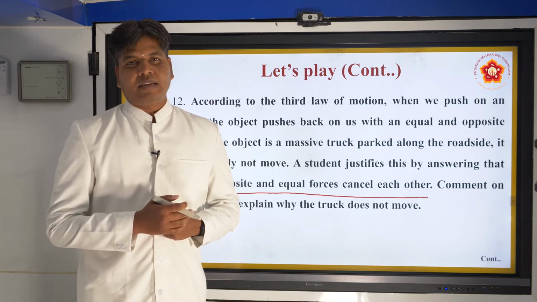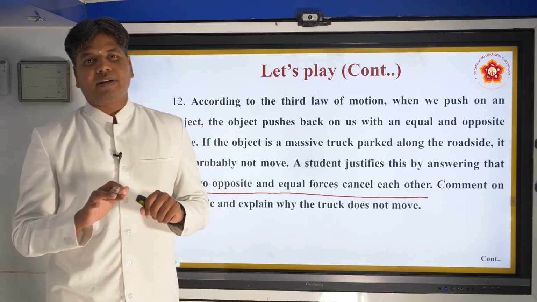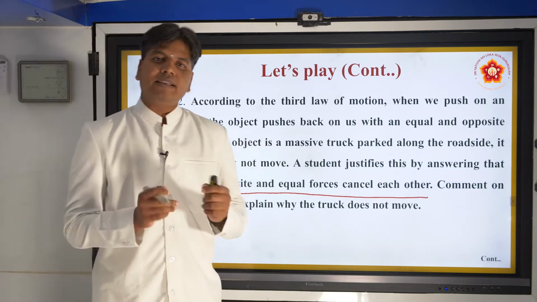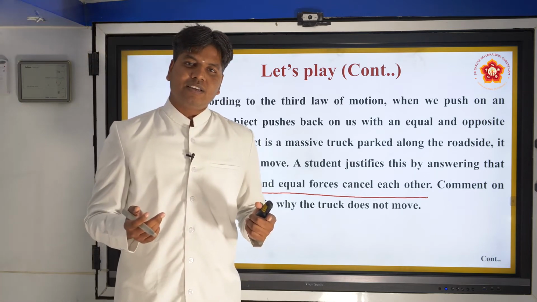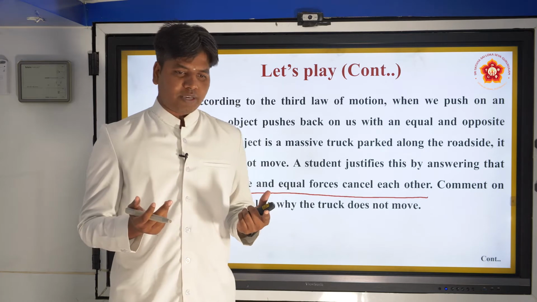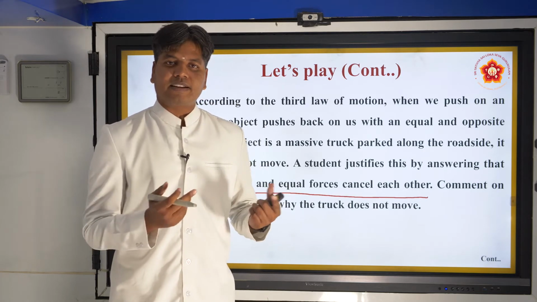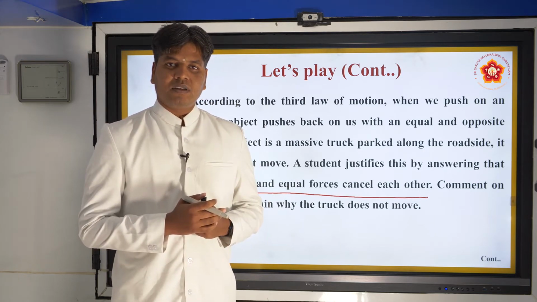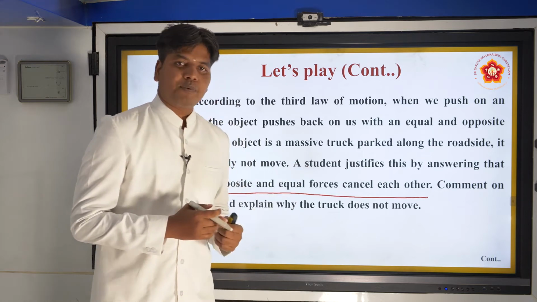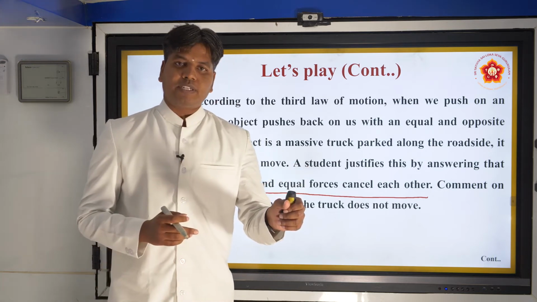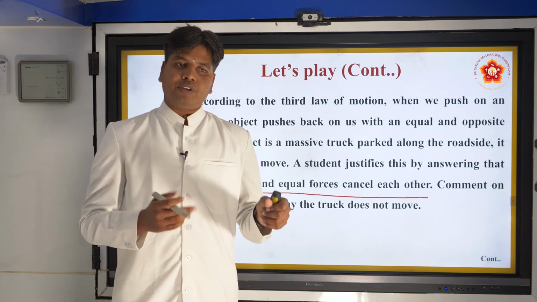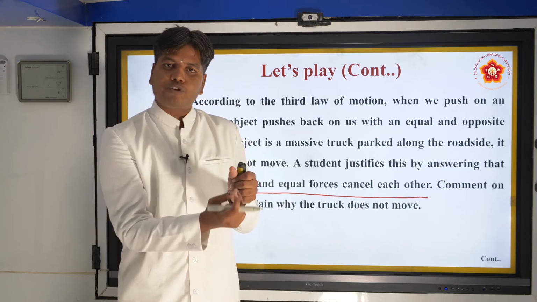Wait. If you use this argument, then you should not be able to move anything, right? If you want to move a small thing like a chair, it moves. But using this argument, if you push a chair, it should also exert an equal and opposite force on you.